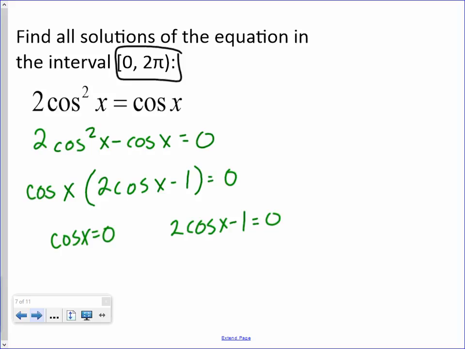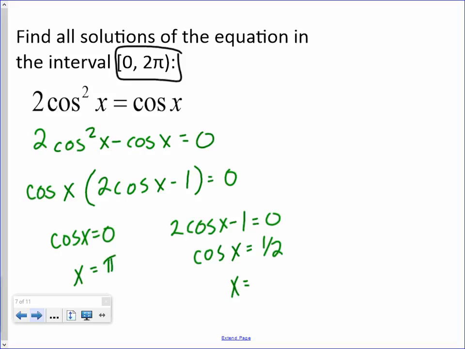So we will have 2 for cosine x equals 0. We will have 2 for the other equation. Do we know where cosine is equal to 0 on the unit circle? What angles? Pi over 2? 3 pi over 2.